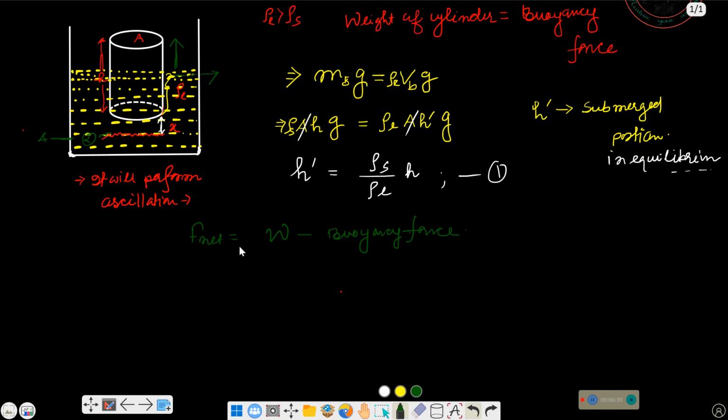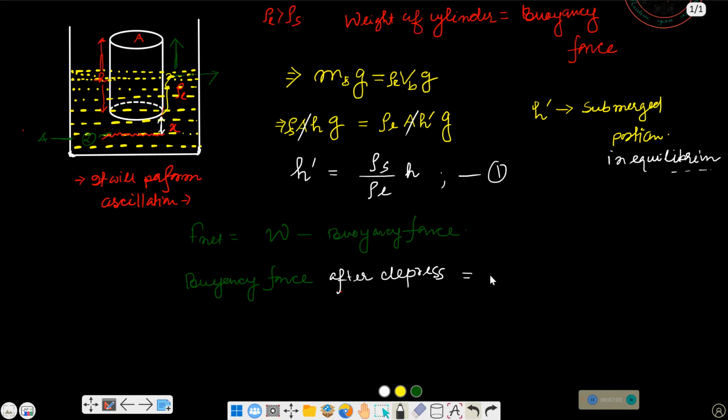Now at this position, what will be the net buoyancy force? The buoyancy force after depressing is equal to how much?